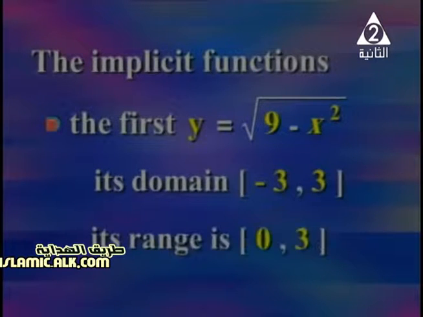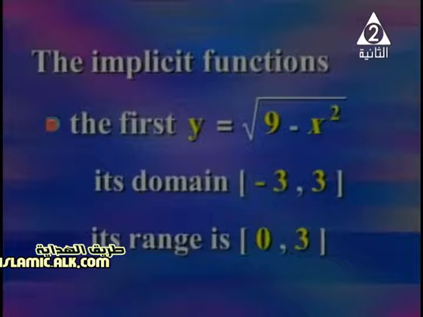What is the range? Student, it is 0, 3. In this case, when y is the positive square root of 9 minus x squared, substituting x equals negative 3, negative 2, negative 1, and so on, the answer is the closed interval 0, 3.